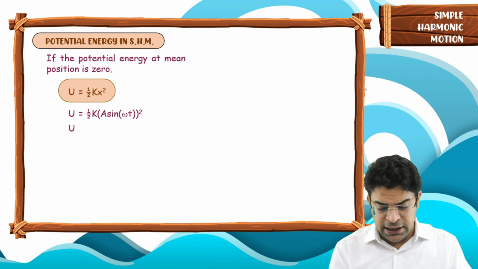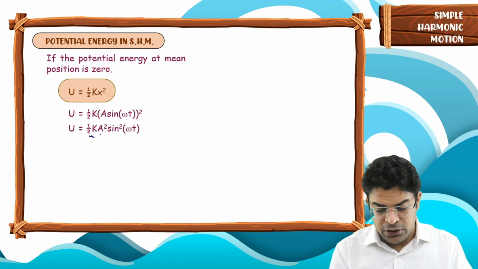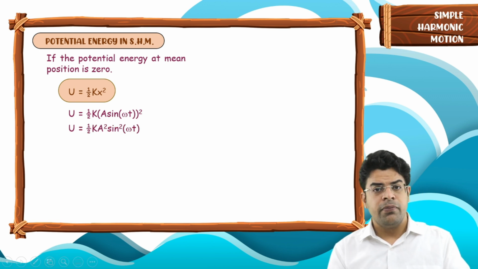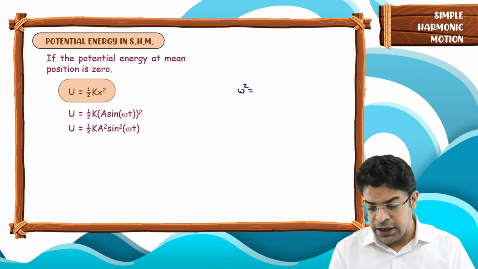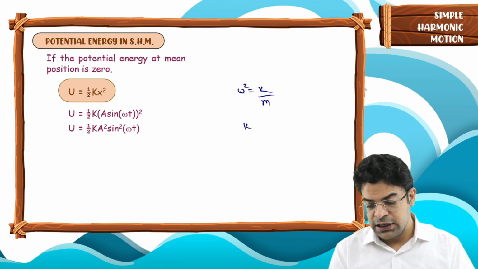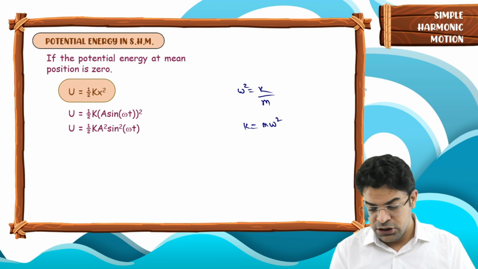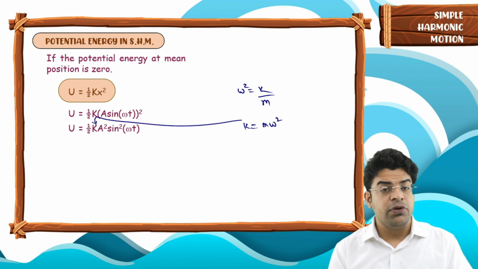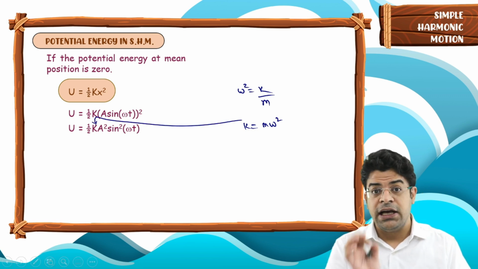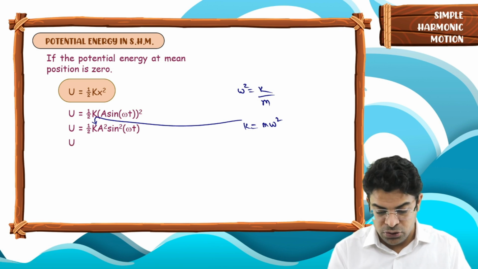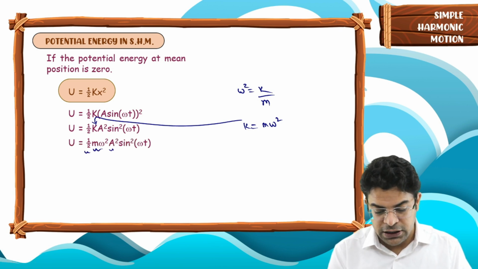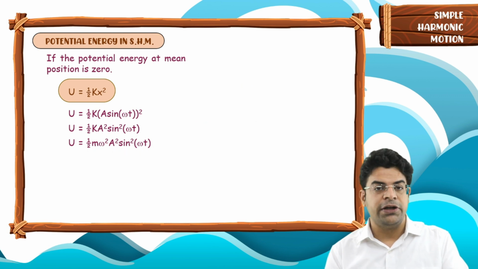That can be written as half into k into a square sine square omega t. We know that omega square equals k by m, so k equals m omega square. If you substitute the value of k here, you get the potential energy associated with SHM to be half into m omega square into a square sine square omega t.